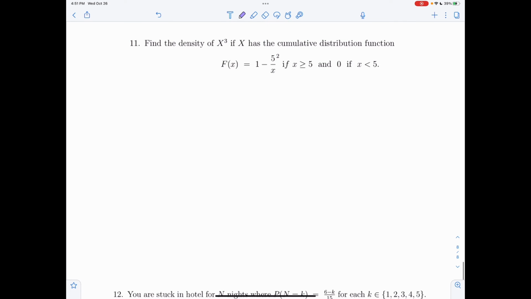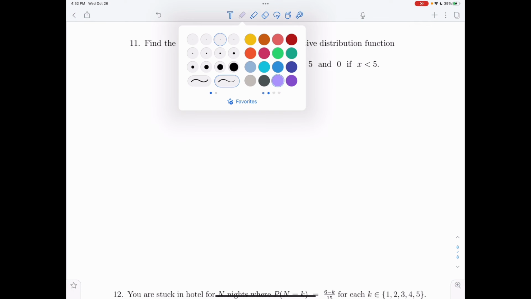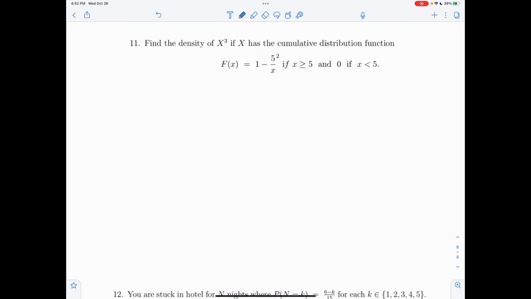Number 11, we want to find the density of x cubed when we're given the CDF of the random variable x. All right, so what is the density of x cubed? The way you find the density of a random variable, if you don't have it, but you have the CDF of a different one, is via its CDF in the continuous case.